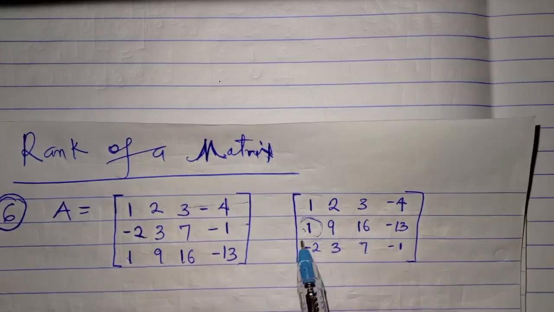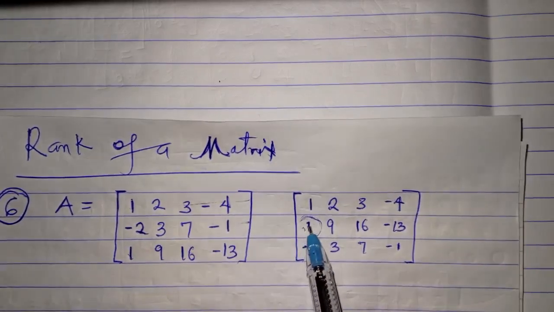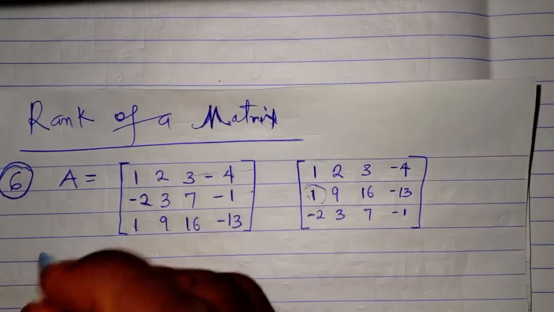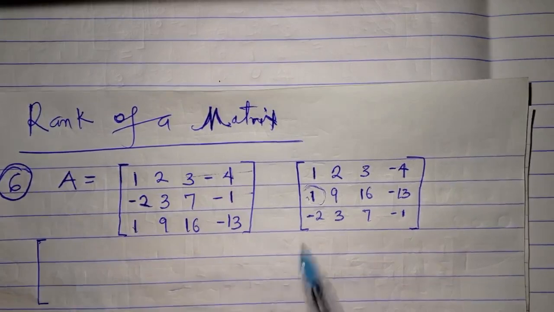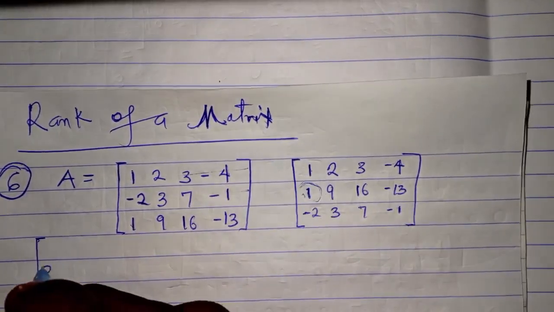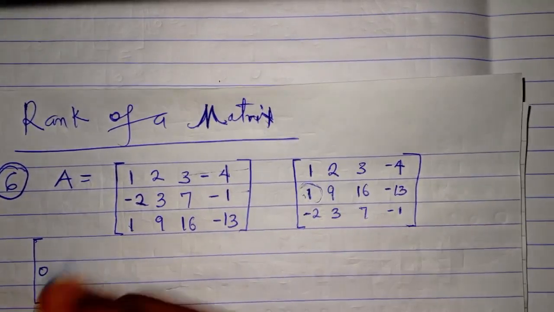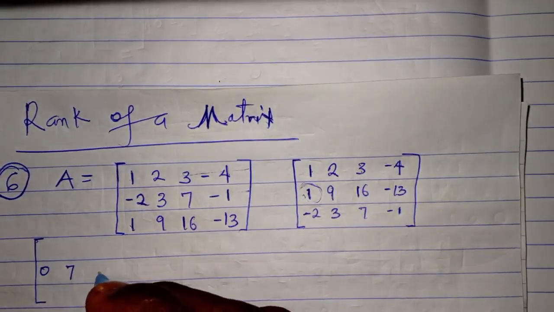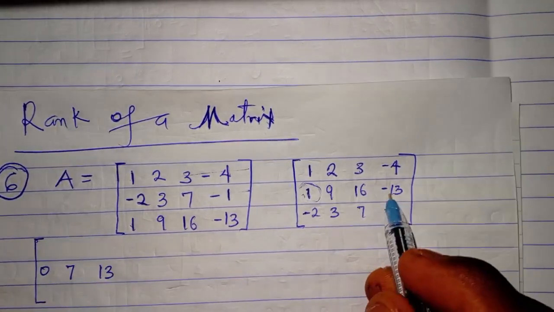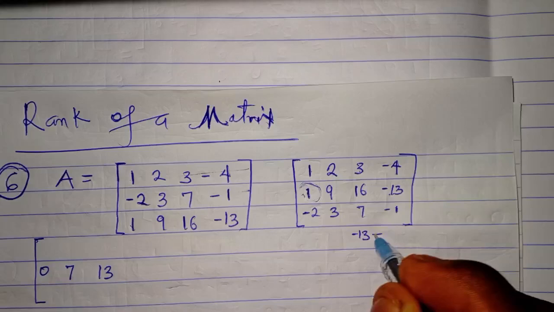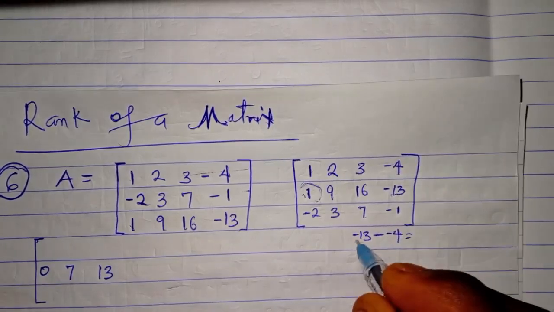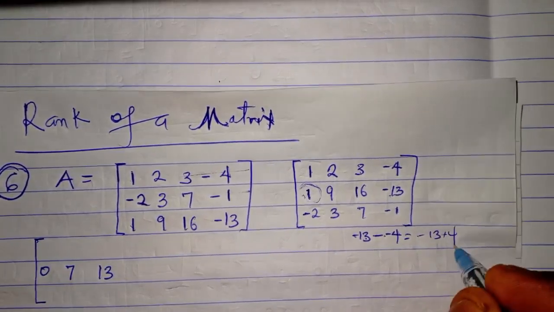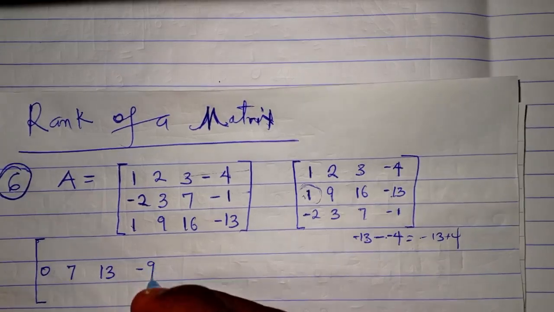So row 2 minus row 1: 1 minus 1 is 0, 9 minus 2 is 7, 16 minus 3 is 13, and minus 13 minus minus 4 is minus 13 plus 4, which is minus 9.